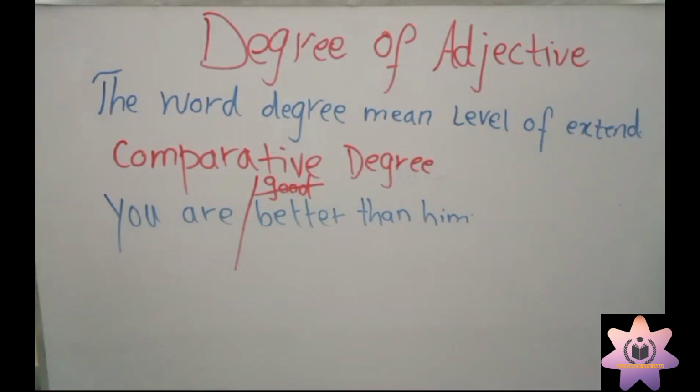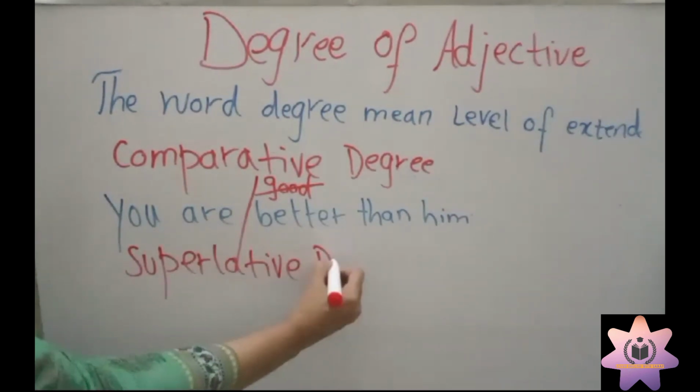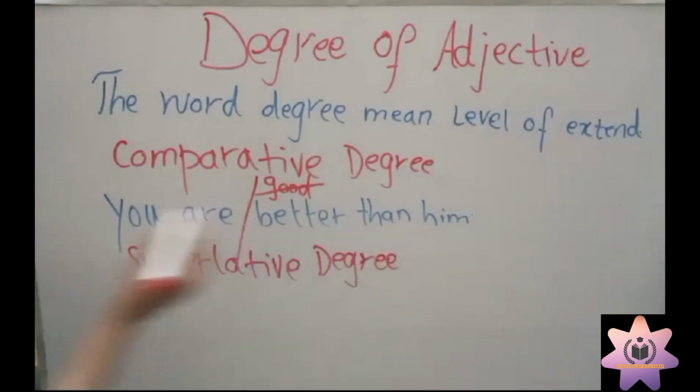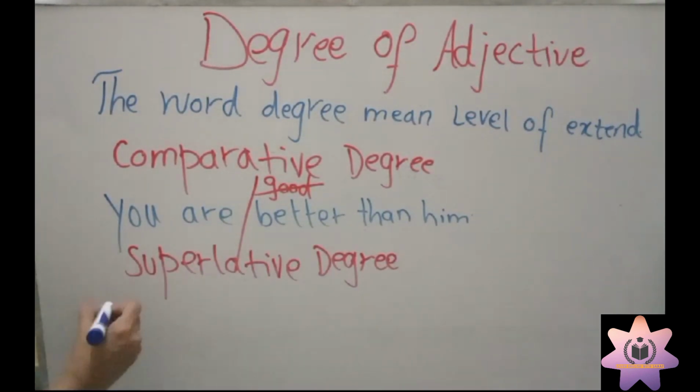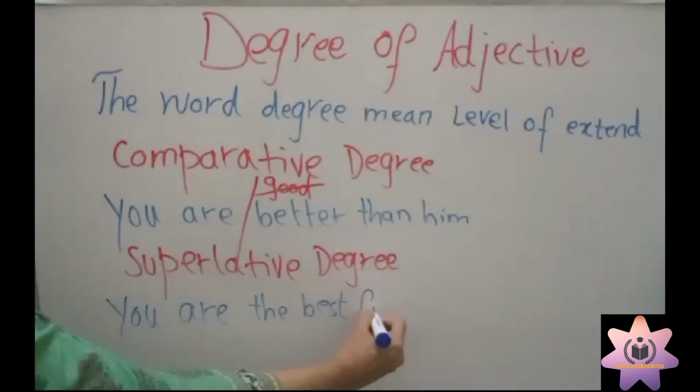You need to learn the degrees of adjective one by one. It will be very easy for you when you make positive degree, comparative degree, and superlative degree. In superlative degree, if I say you are the best friend of mine, you are the best friend.